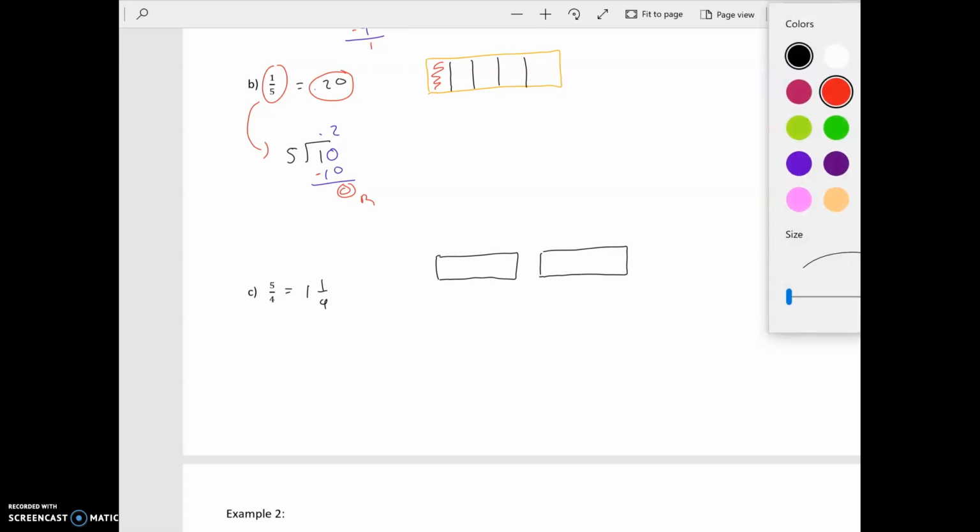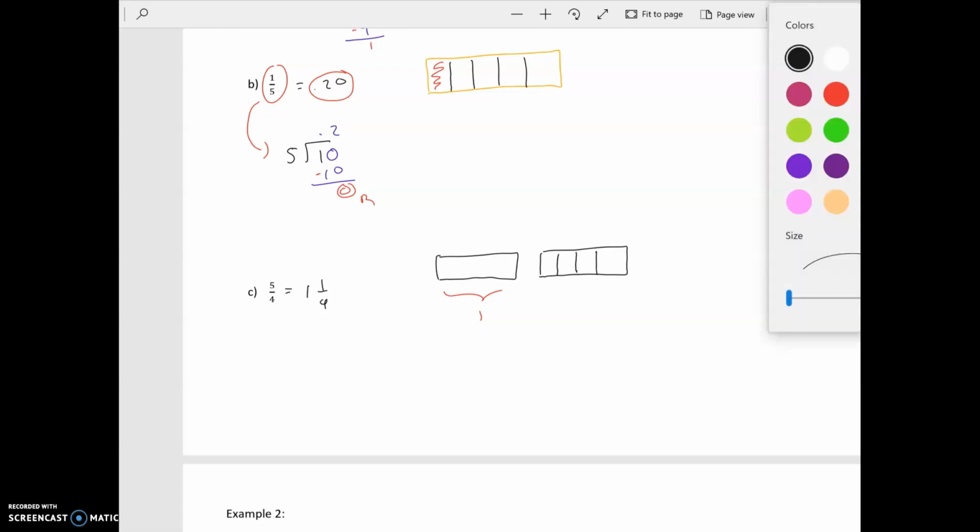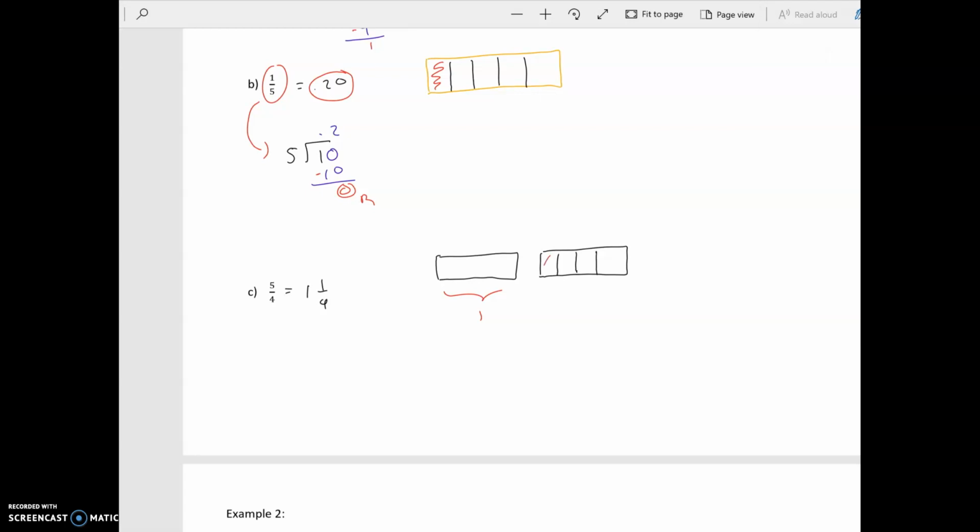Just to be clear, this is 1, and on the other portion you're going to have 1, 2, 3, and 4. That's our integer, and this portion is the 1/4.